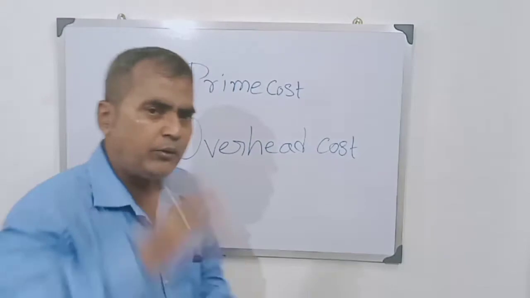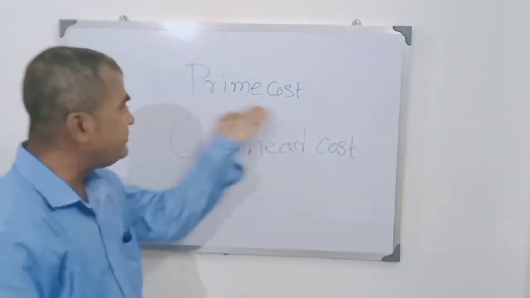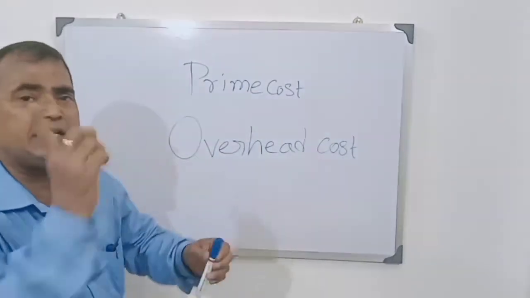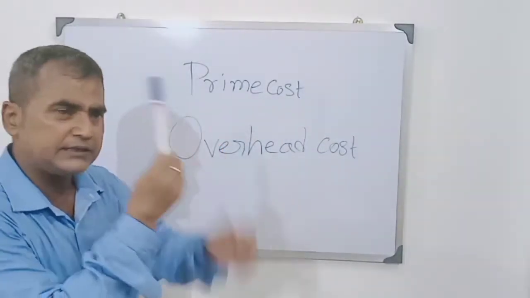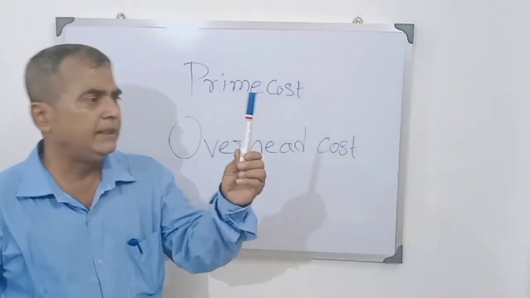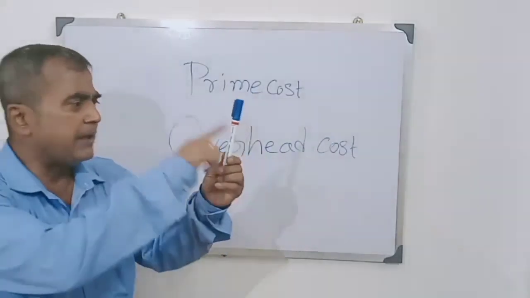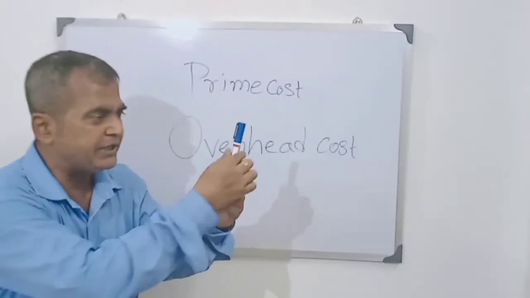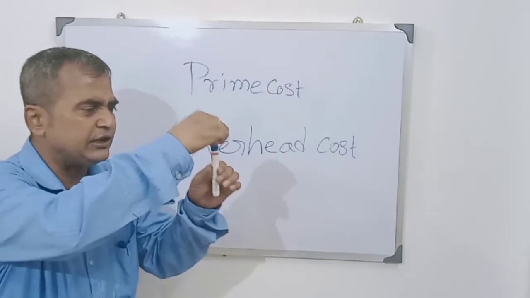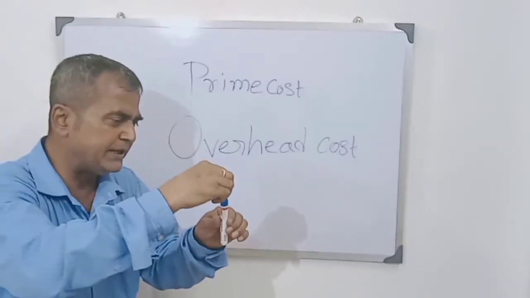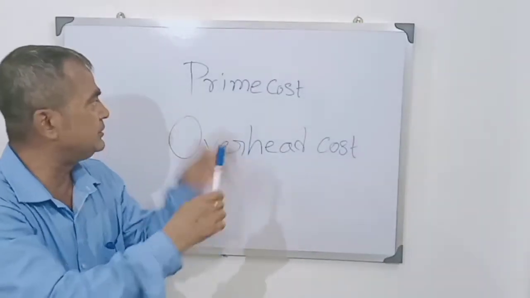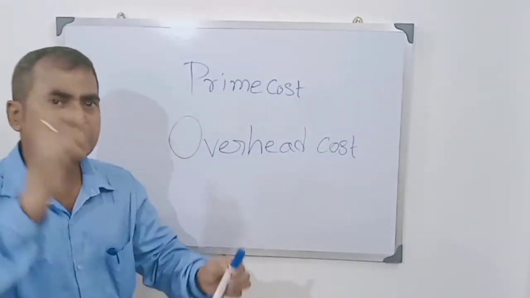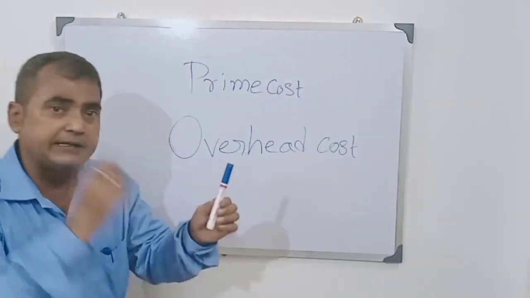Now, what is prime cost? Prime cost is the cost primarily identifiable with the product. If I say prime cost is identifiable, yes, we can find the white material as well as the cap and the blue material, both are identifiable. So, prime cost includes your direct material as well as direct labor.